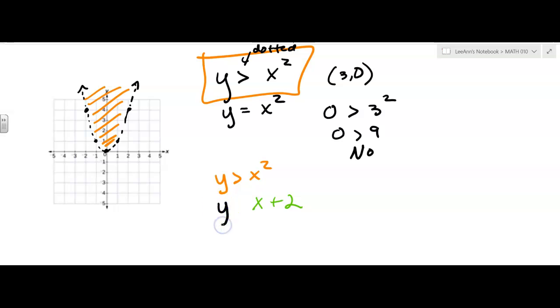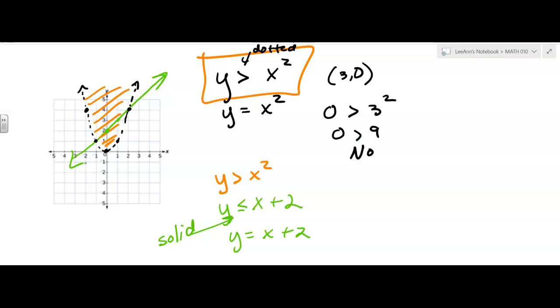I want it to be an inequality, so let's say y is less than or equal to x plus 2. We graph the equation y equals x plus 2. Here's the intercept, and then the slope is 1 over 1. It's going to be a solid line this time because it's got the equal to part. So we would graph it coming through like this.